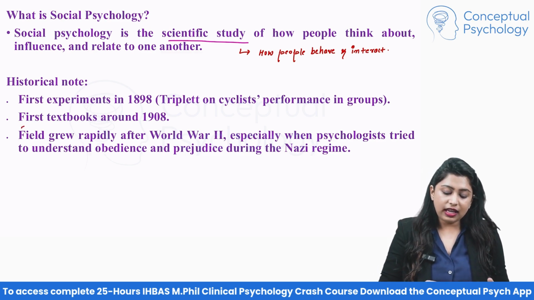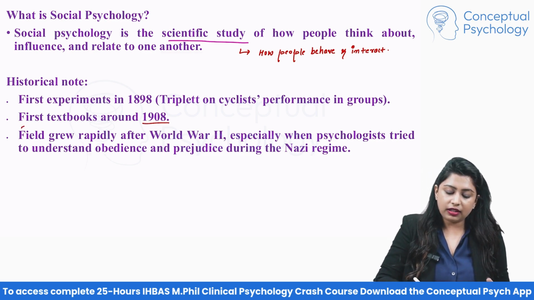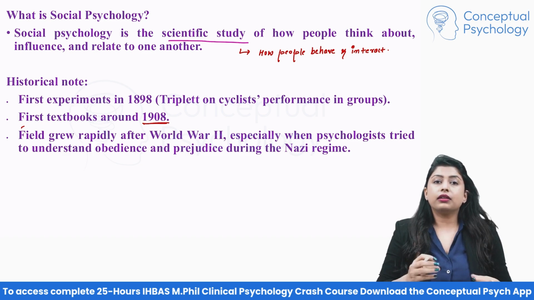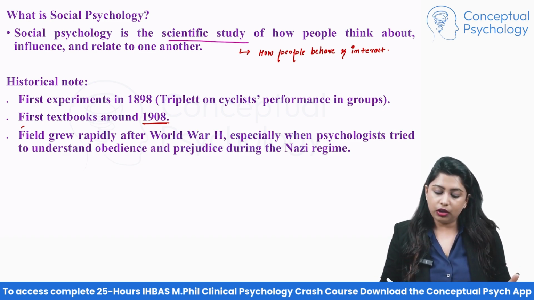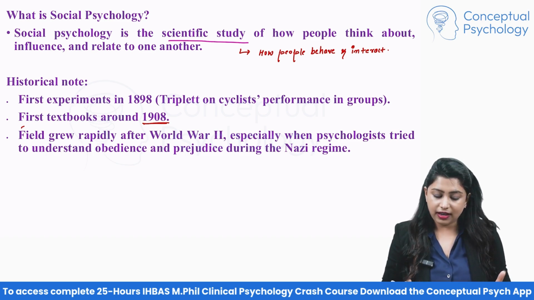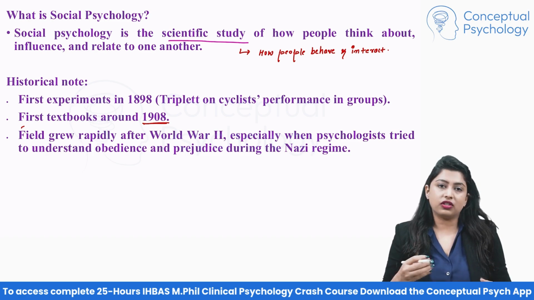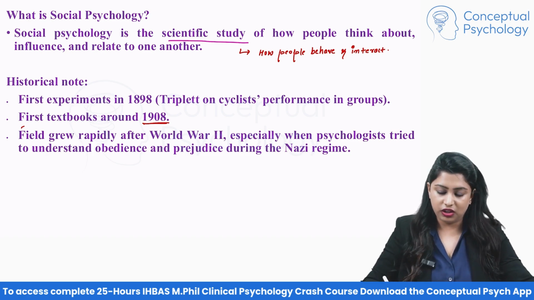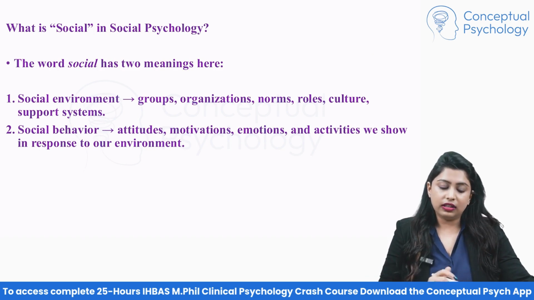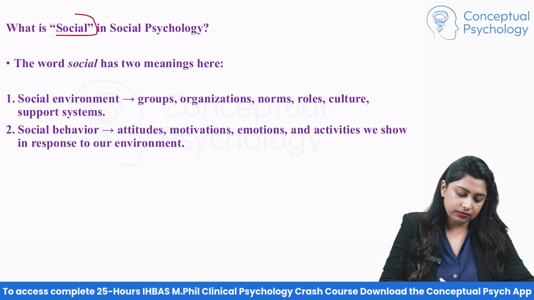The first textbook was written around 1908. The field grew rapidly after World War II, especially when psychologists tried to understand obedience and prejudice during the Nazi regime.